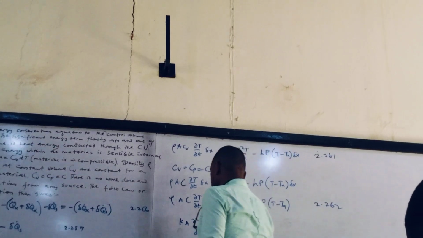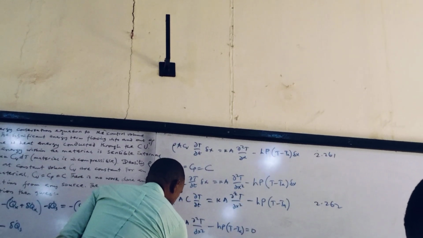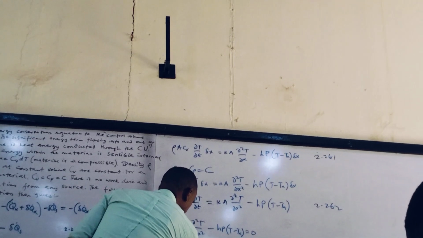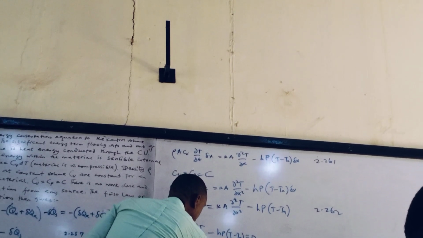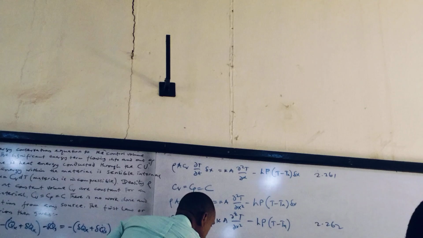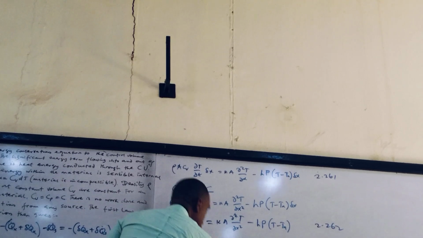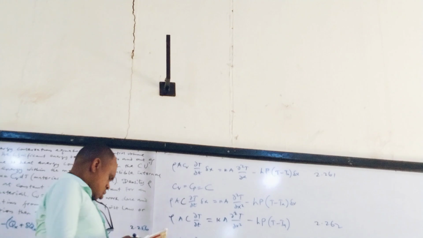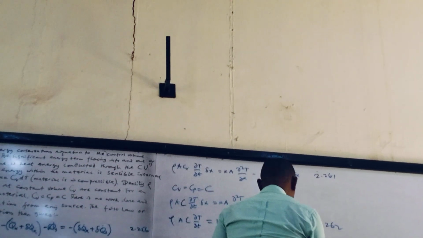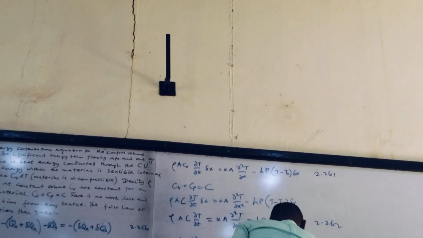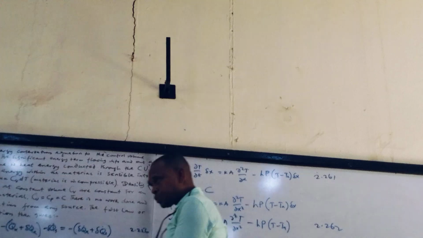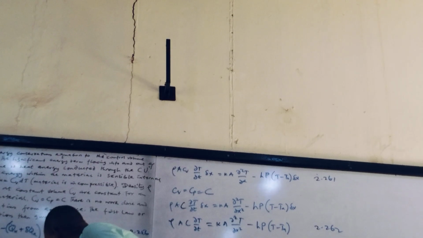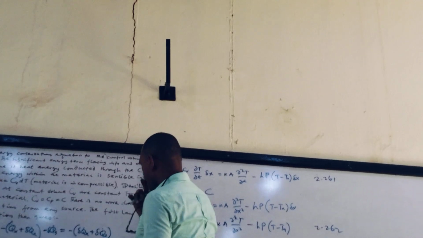Therefore, kA d squared T over dx squared minus hP(T - T∞) is equal to 0, which is 2.260. Okay, good. Thank you.